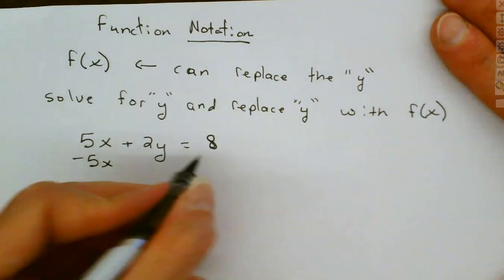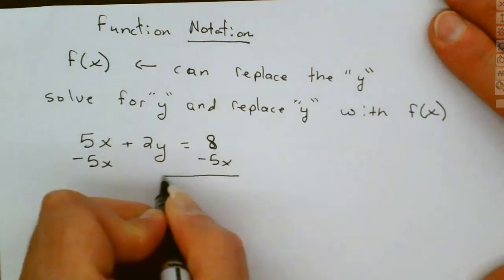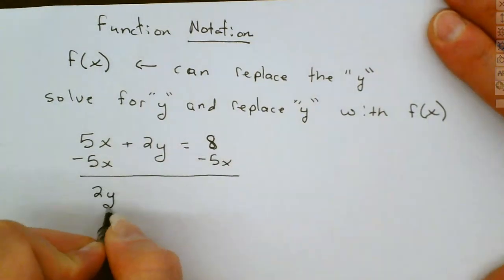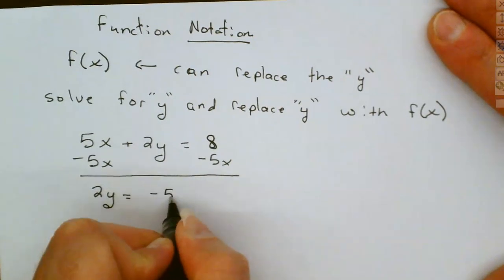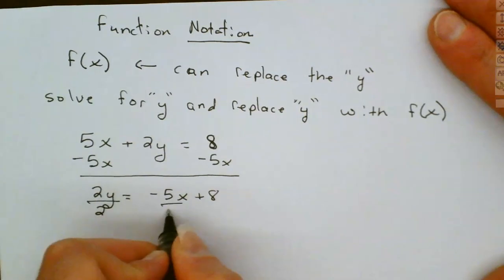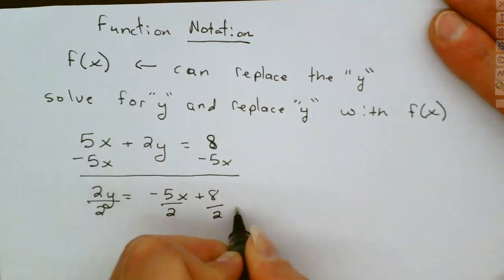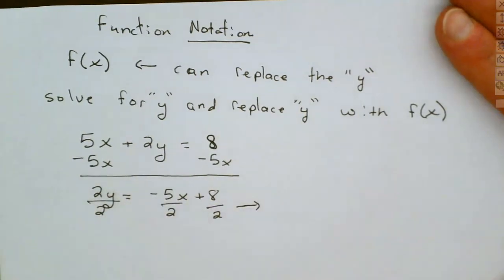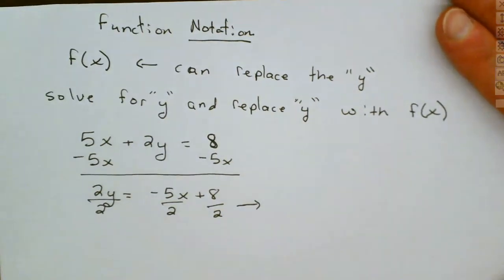Move that 5x over. So 2y equals now a minus 5x plus 8. We'll divide by our 2. And this, by the way, is what's called slope-intercept form, which we're going to be using in the next section.